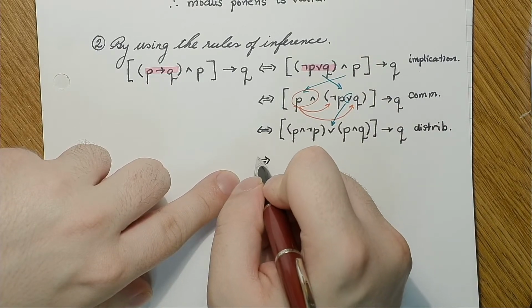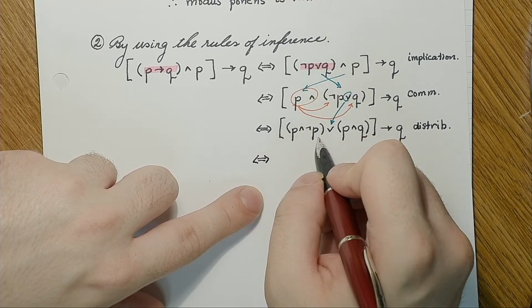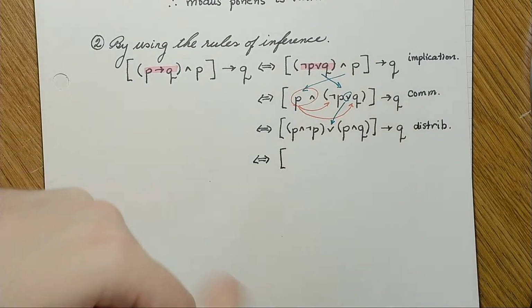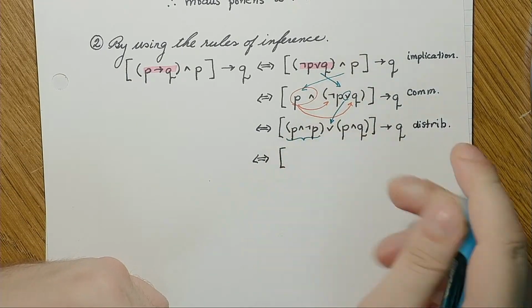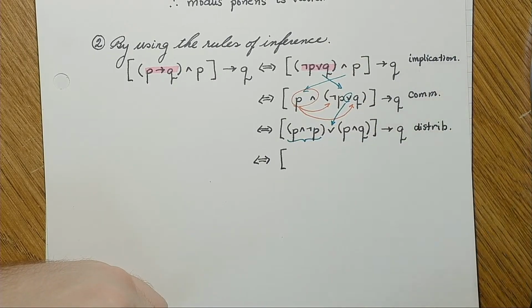Then the next line, we notice that we have P and not P. And we know that, what's that? P and not P, in the chat. What's that?